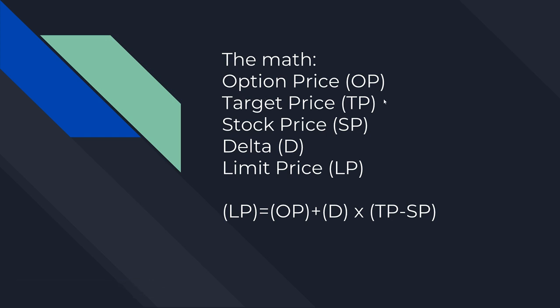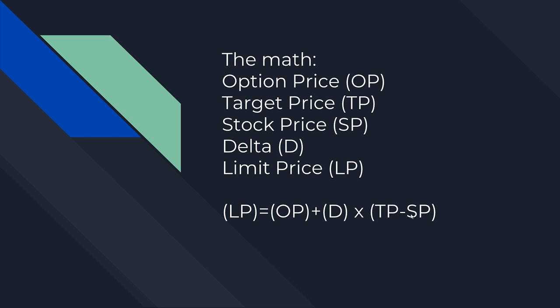Okay, so let's create the formula. OP means option price, TP means target price, SP means stock price, D is delta, LP is limit price. In order to figure out my limit price, I need to take the current option price plus the difference between target price, which is 250, and the stock price right now, which I forgot what it's at.